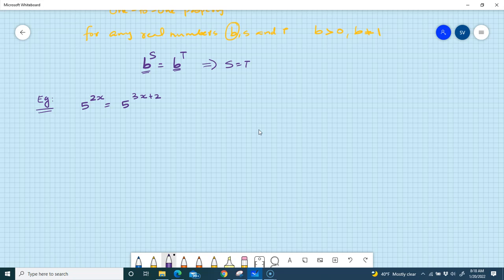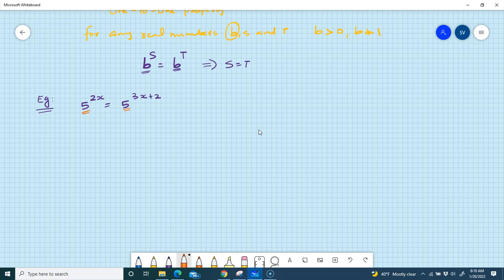As we know, because of this one-to-one property, if b to the power s equals b to the power t, what we need to check in this exponential equation is: what is the base? Here the base is 5. Here also the base is 5.